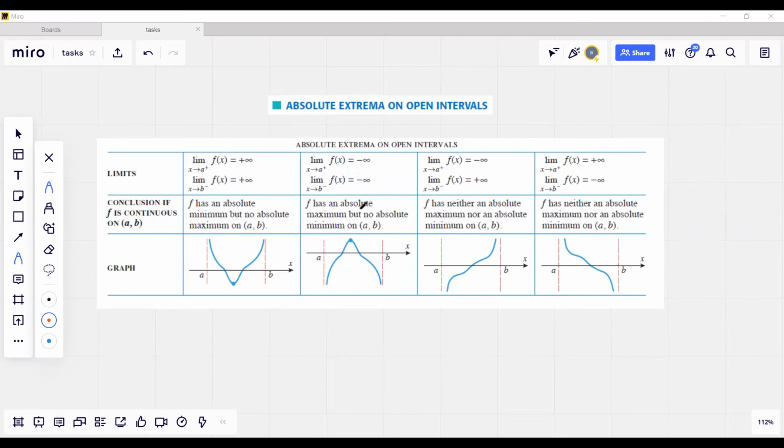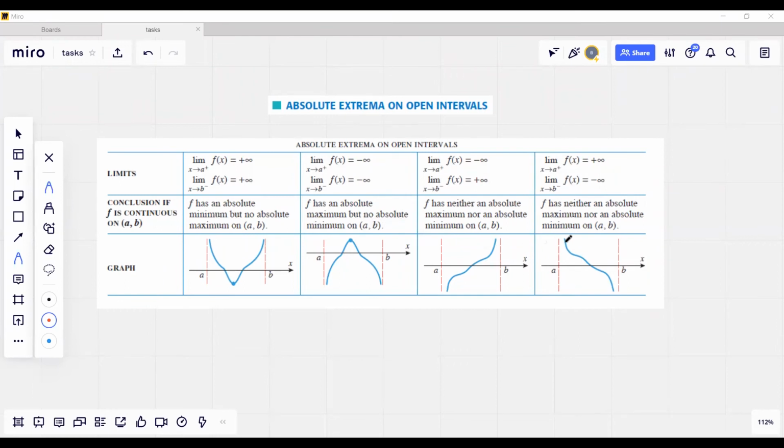Right, in this case, our function is decreasing without bounds when we are approaching these vertical asymptotes. And in that case, the function will have no absolute minimum, but will have an absolute maximum.